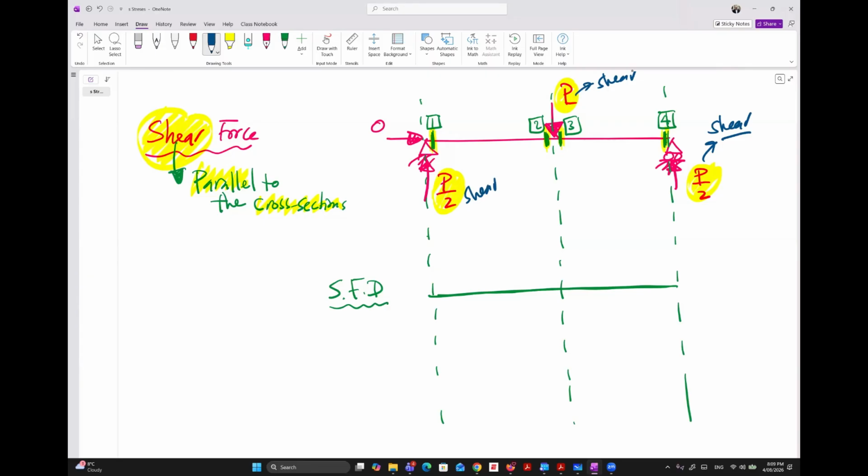I will ask you another question to make sure you understand what I mean. Is there any force here that causes normal force on the section or the cross section? Do you know?